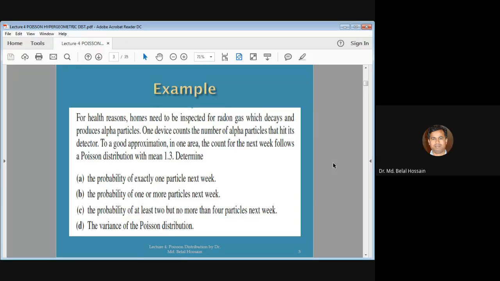Okay, so the next problem is the probability of one or more particles next to it. Tell me what they have to calculate. The probability of one or more particles next to it.